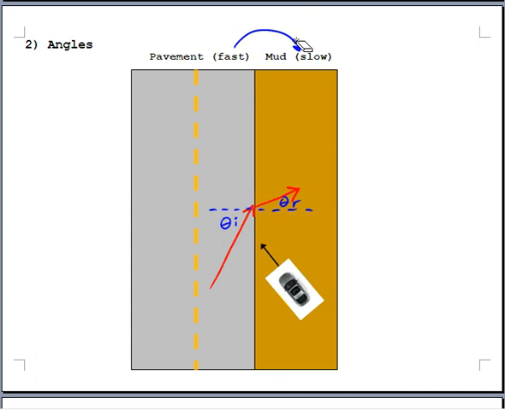What if we go from the muddy shoulder, you finish your phone call, and you want to pull back onto the road? Let's see if we can figure out what that's going to look like. In this case, as the car pulls back onto the road, it's going to be the left-hand side of the car, those two tires there, that hit the fast pavement before the two tires leave the slow mud.